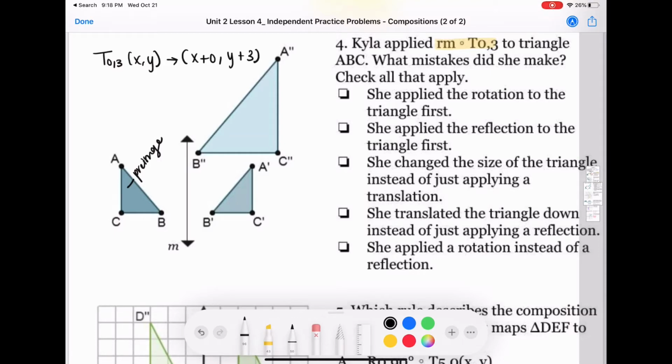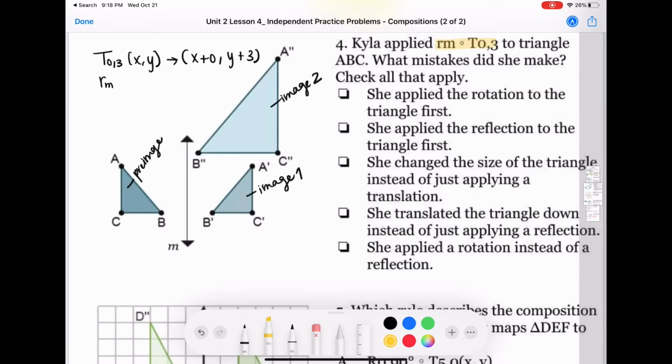And then we have a reflection across line M. Okay, so we want to see if this diagram matches that. So first, what we should do is complete a transformation. Well, here's image 1, and here's image 2.